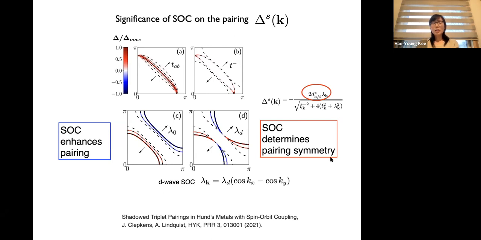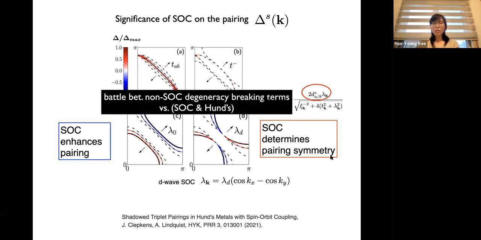So at the end of the day, this is going to be a battle between non-spin-orbit coupled degeneracy breaking terms, such as orbital hybridization and orbital dispersion difference, versus spin-orbit coupling together with the Hund's coupling. So if I had a strong Hund's coupling and significant spin-orbit coupling, in principle, we can stabilize inter-orbital even parity spin triplet, which will appear as the intra-band pseudo spin singlet.